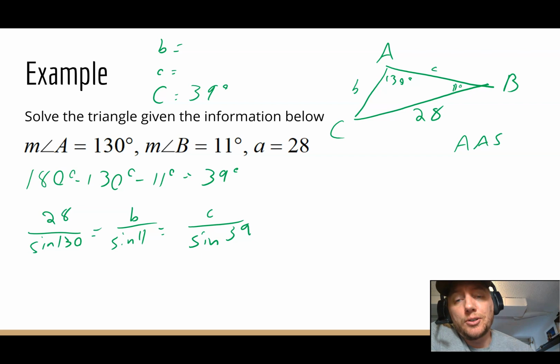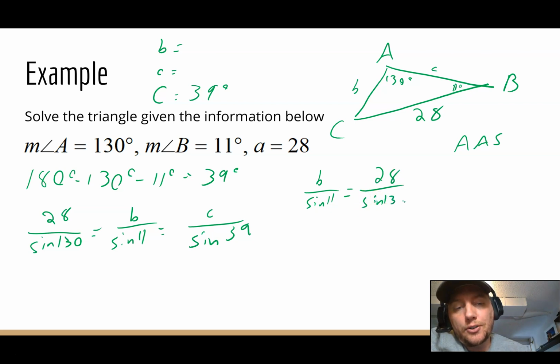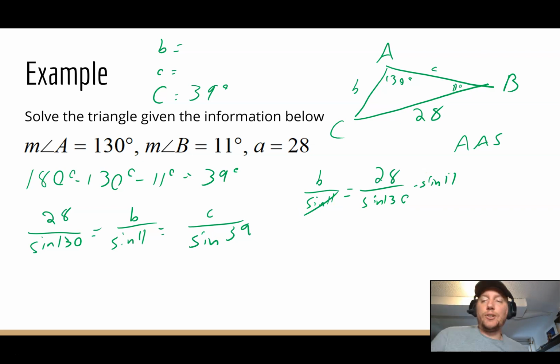So I'm going to set up those equations with the fraction that just has numbers. So b over sine 11 equals 28 over sine 130. Multiply both sides by sine 11, and we should get our answer.